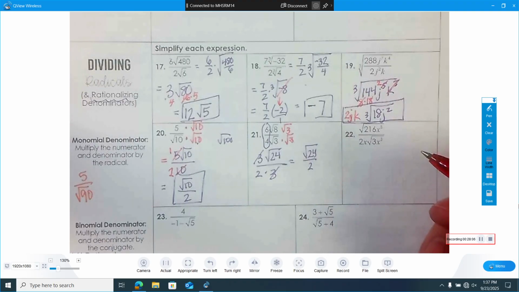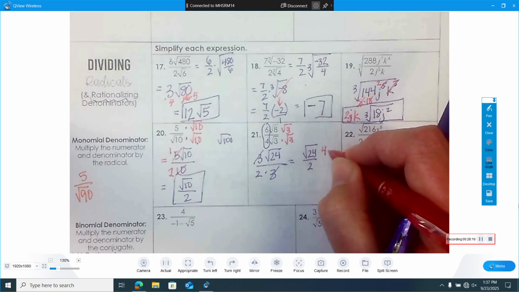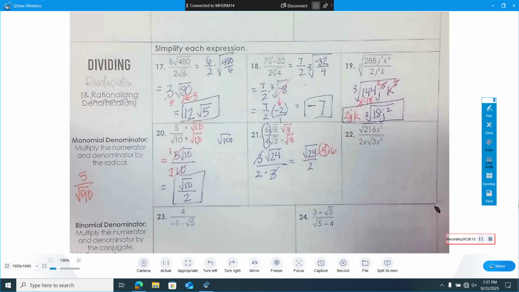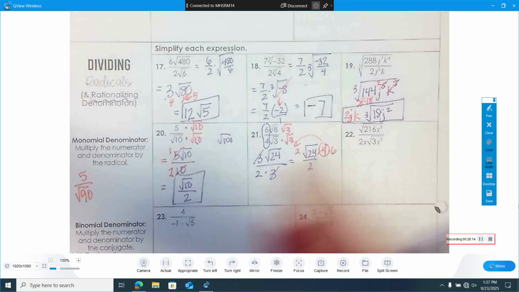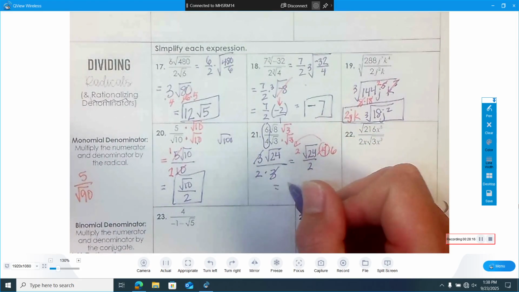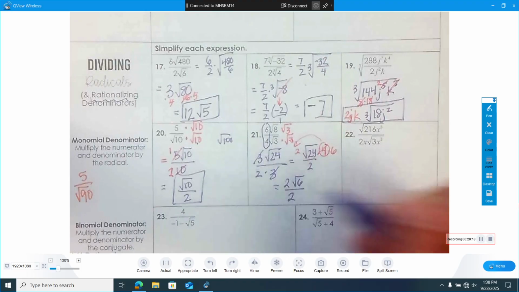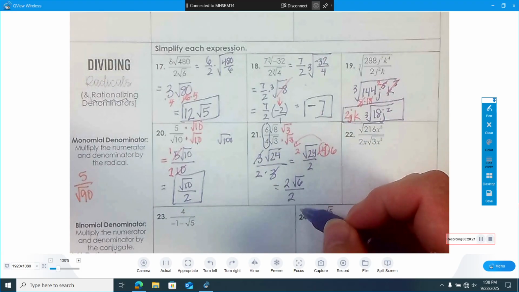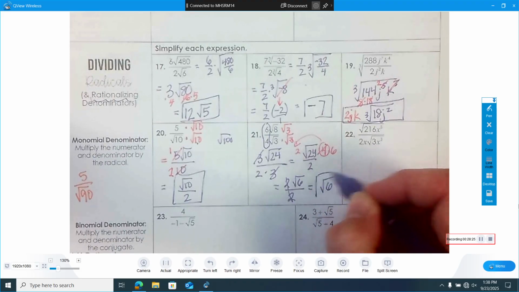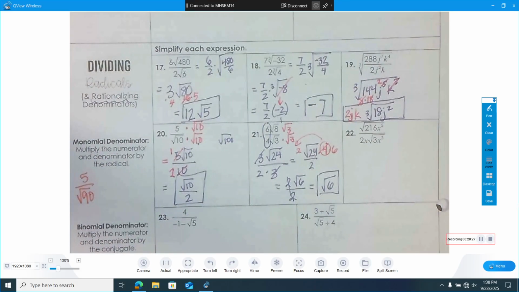Do we have any squares in there? 4. Yes. 4 times 6. The square root of 4 comes out as a 2. Oh, look at that. So we get 2 radical 6 over 2. What happens to the 2's? They reduce, and they just get radical 6 for an answer. Wow, lots of reducing there. That's kind of a cool problem.